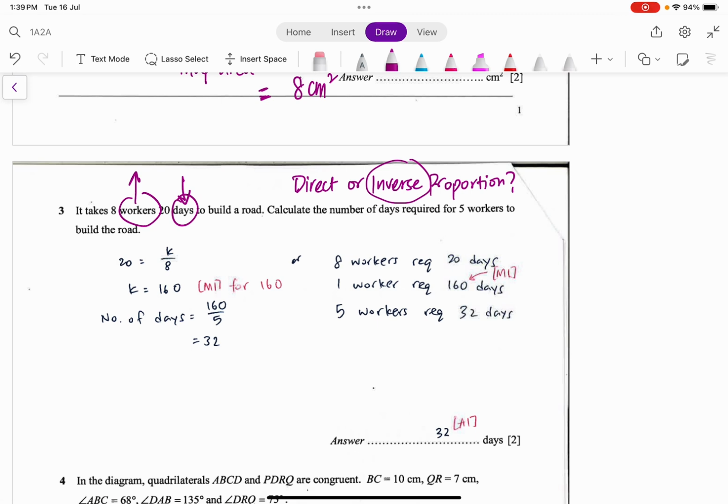So that means to say my workers and my number of days are inversely proportional. So say let the days be inversely proportional to my workers. This one nobody tells you, because you got common sense, you know this part.